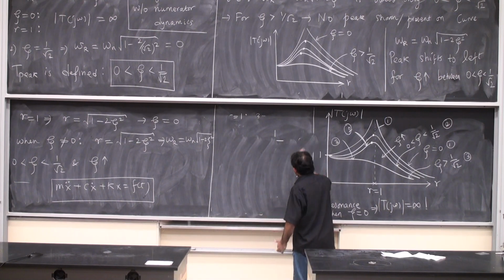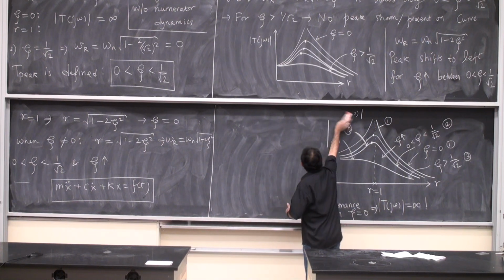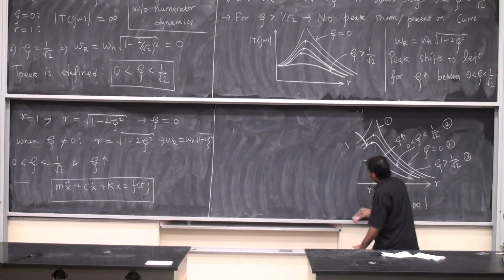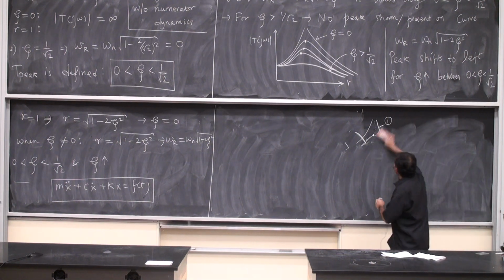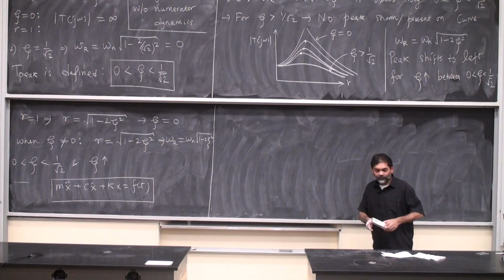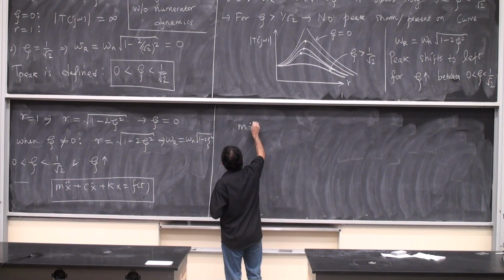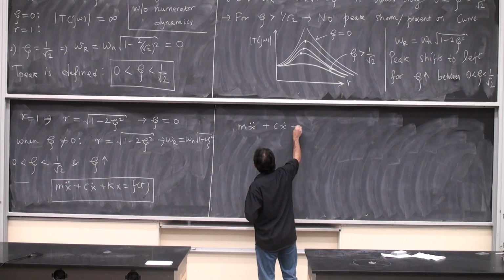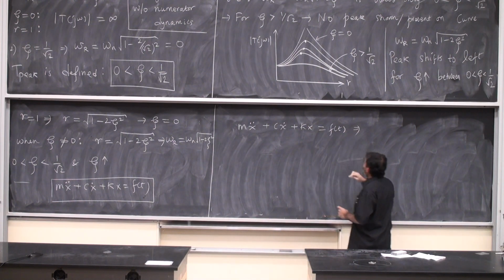And if you want a system model with numerator dynamics, here is another example, since we're talking about it. Maybe I'll be more clear. So, m x double dot, c x dot, kx is equal to f of t.